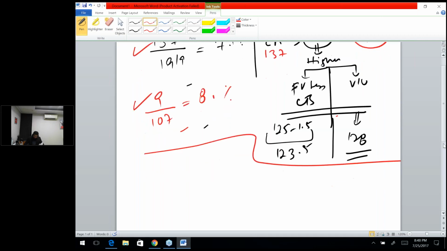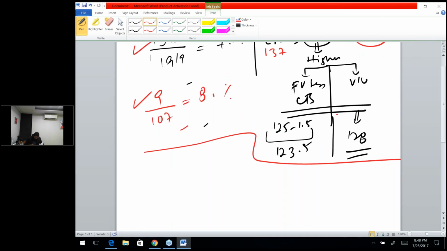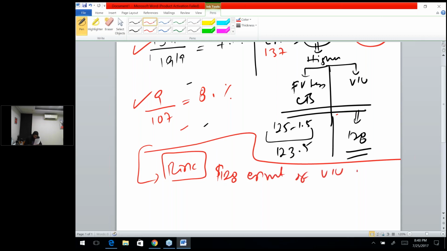The accounting treatment has been done correctly, but as an auditor, I think there are certain risks attached to it, so I'm going to write down those risks. Number one is that the $128 million estimate of value in use is based on historical cash flow.